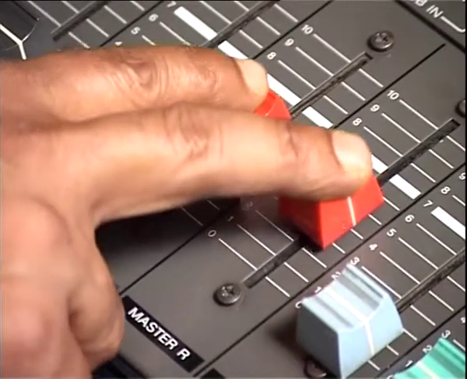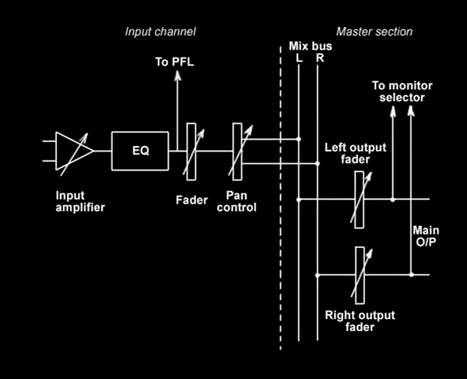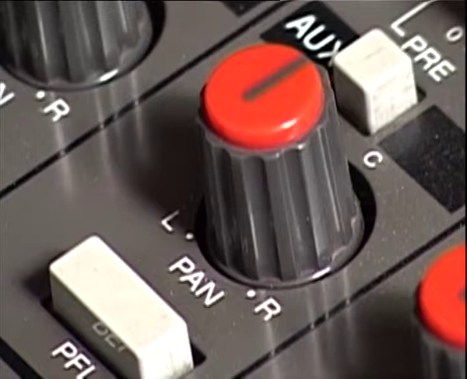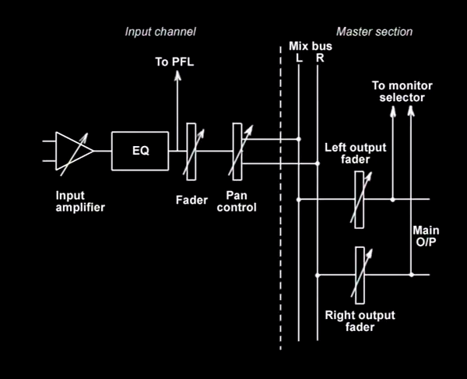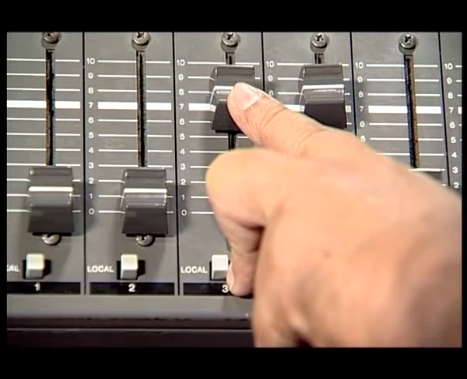Each output channel has a bus that picks up signals from all the input channels. What fraction of the signal will be routed to which output channel depends on the position of the pan pot. What will be the relative strength of the individual signals in any output channel depends on the position of the channel faders.